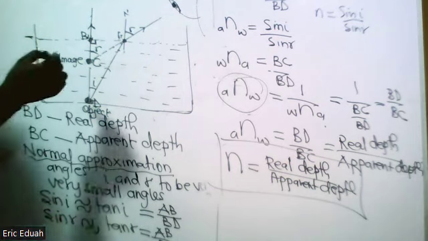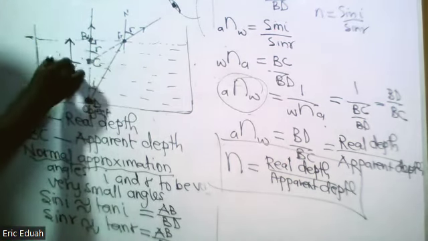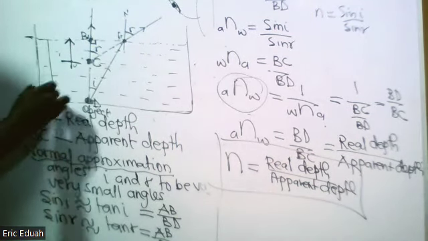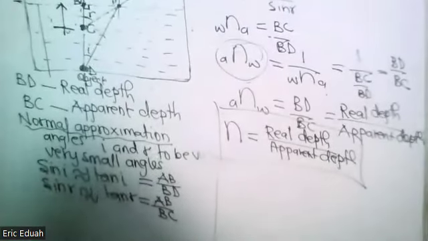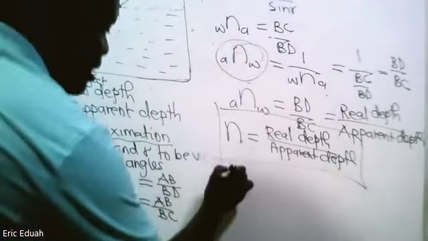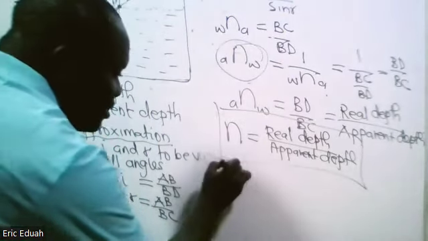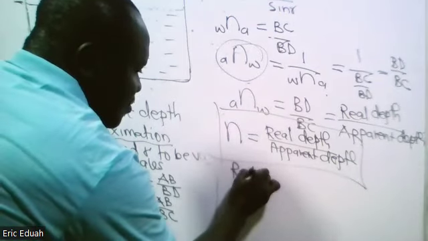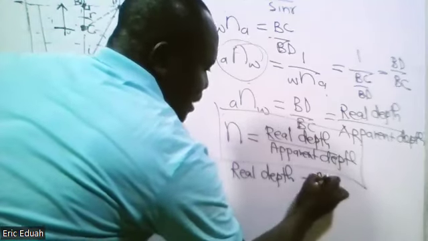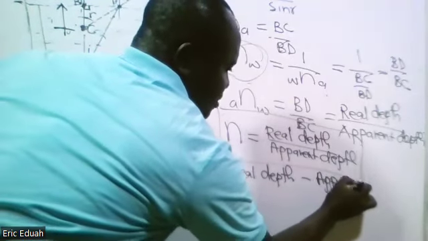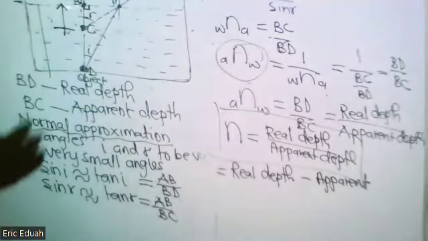Now, the apparent depth is this distance, BC. The real depth is BD. When we subtract apparent depth from real depth, this is equal to the vertical shift.